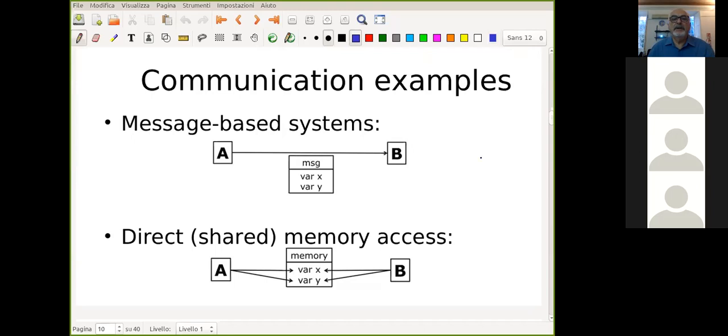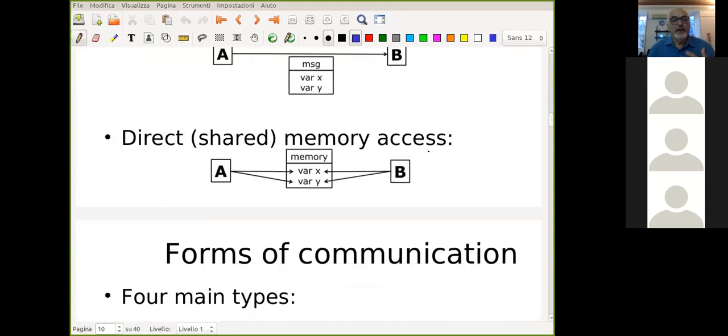Two categories of communication are message-based and shared memory, and they have a consequence on the programming language primitives. Some of you already know this, but we will develop it.